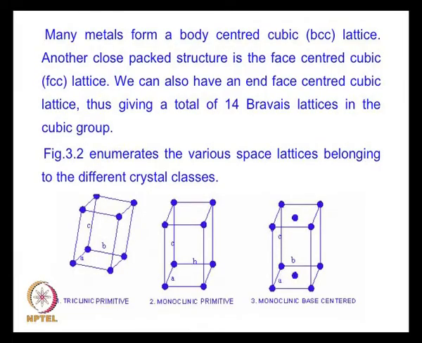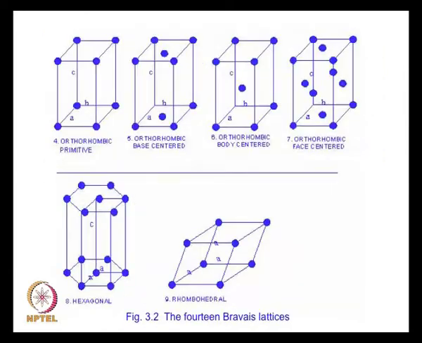For example, here we have the triclinic primitive lattice. A primitive lattice is one in which there are atoms only at the corners. Then you have a monoclinic primitive and a monoclinic body centered. Then the orthorhombic has all possibilities: orthorhombic primitive, orthorhombic body centered, orthorhombic face centered, and orthorhombic end face centered.